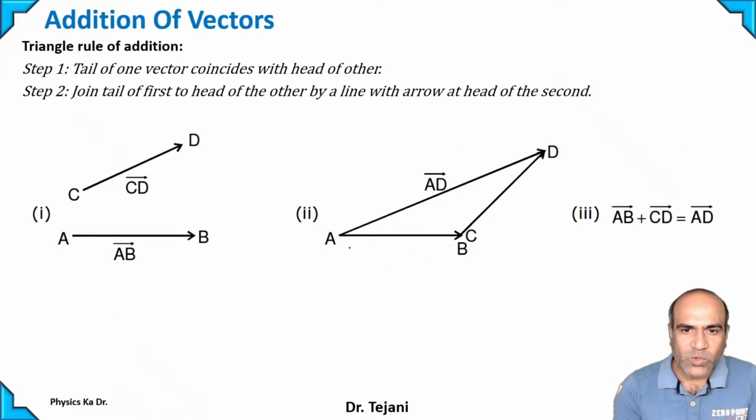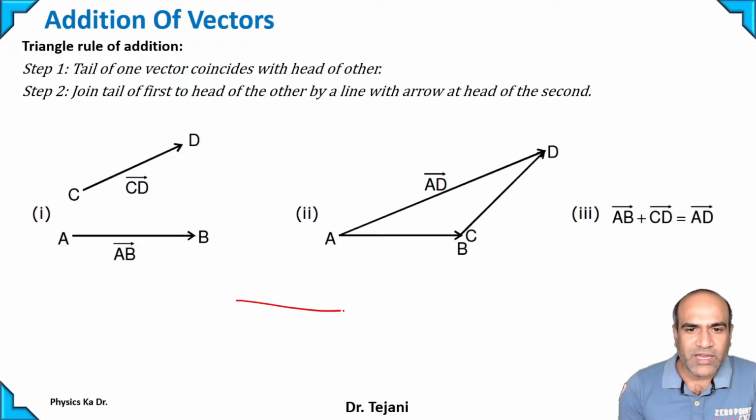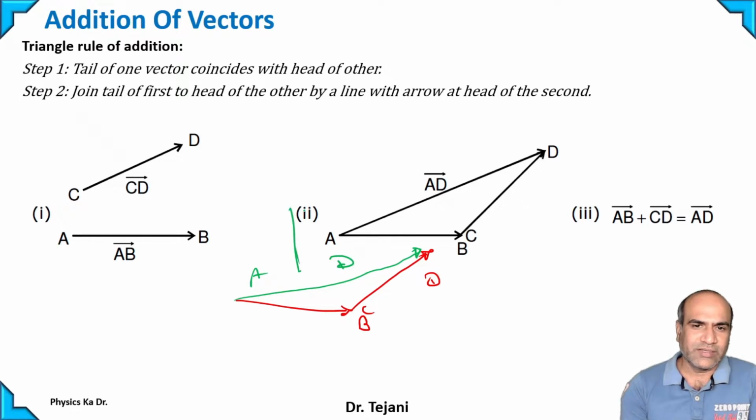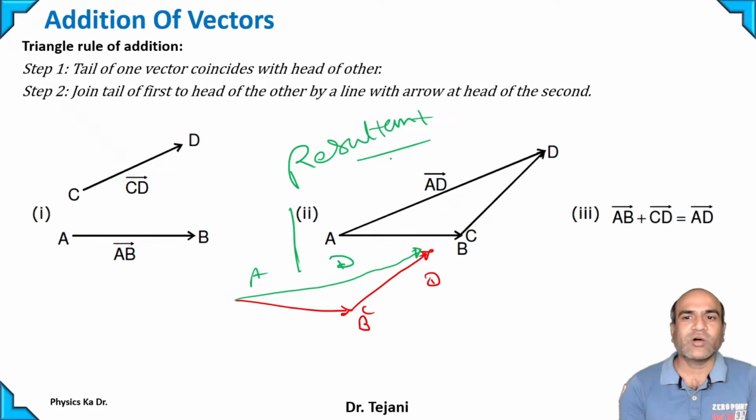First A to B, then the CD vector, so it becomes C to D. Then join this tail with the head. So this AD gives a resultant of these two vectors.